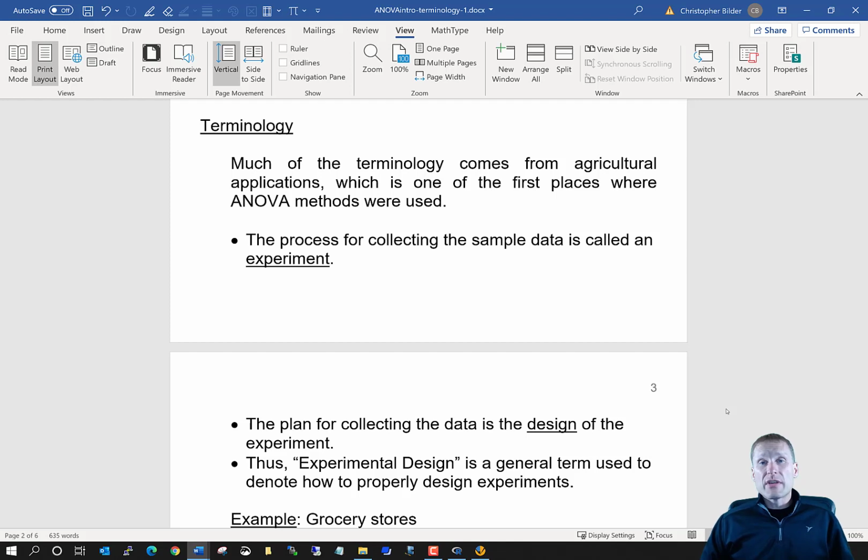In fact, usually that Department of Statistics was started to help out the people in ag with how to set up their experiments and how to analyze their experiments. Because of this, a lot of the terminology that we use here actually comes from agricultural applications.